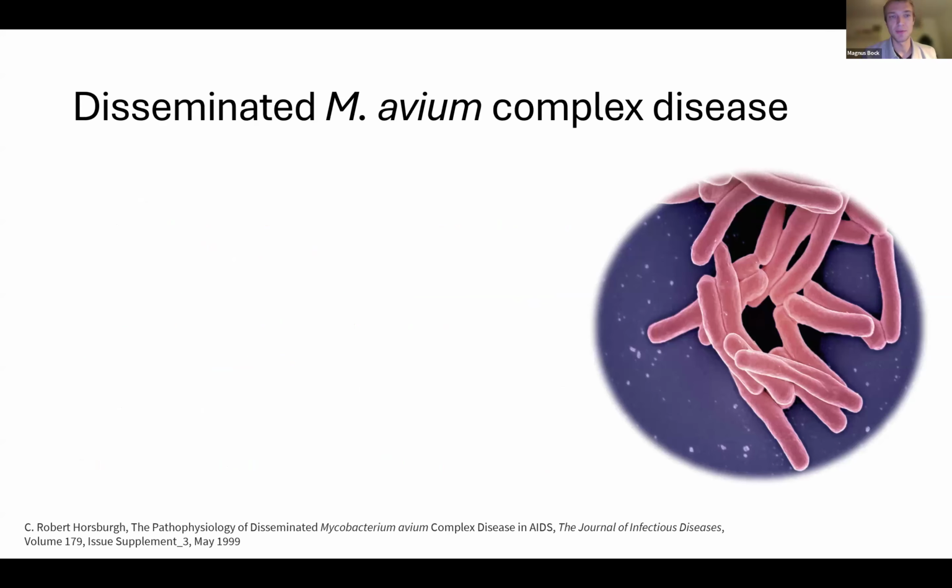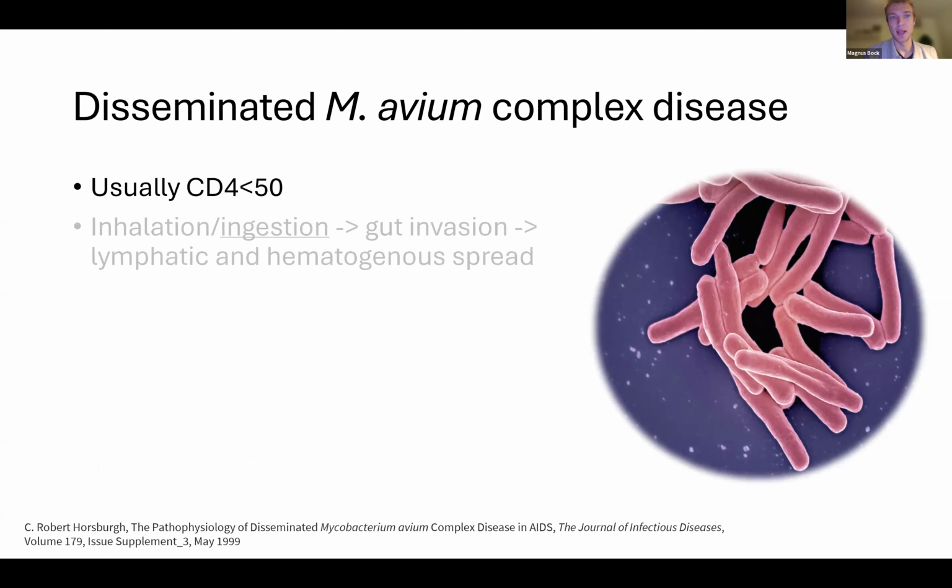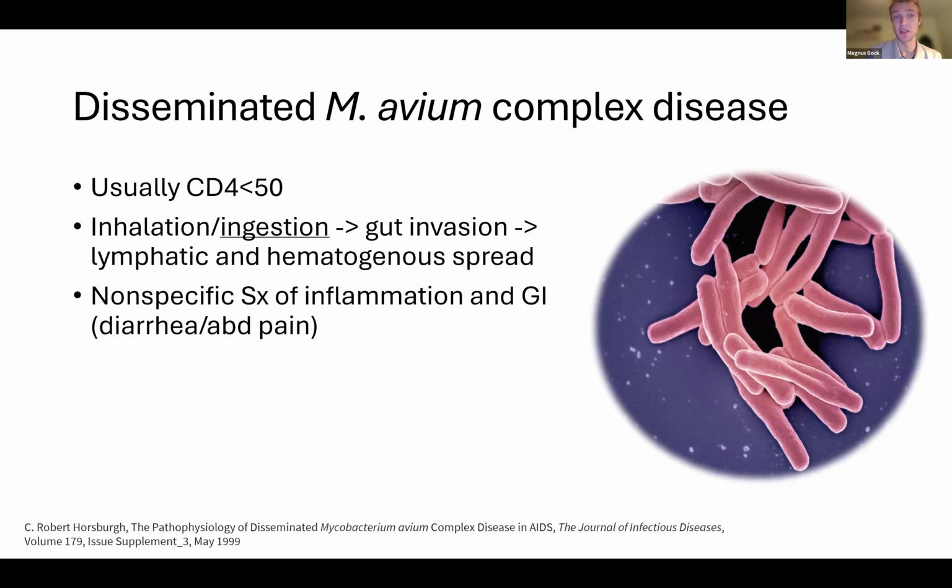So let's just briefly discuss that entity. It usually occurs in patients with a CD4 count under 50, and it happens due to inhalation or ingestion of these mycobacteria that invade the gut. And from there, it can spread through the lymphatic system or hematogenously. And that is why we can get different symptoms.